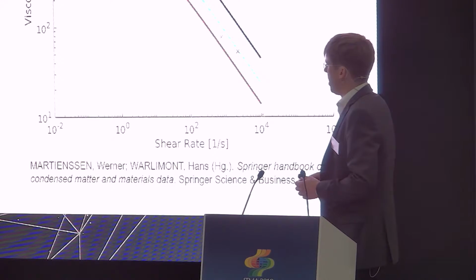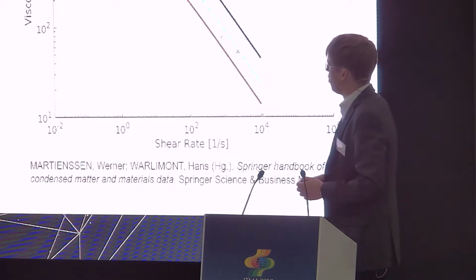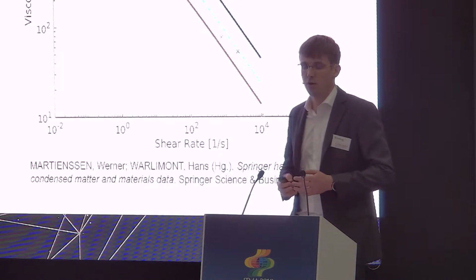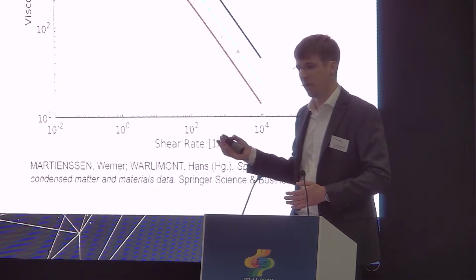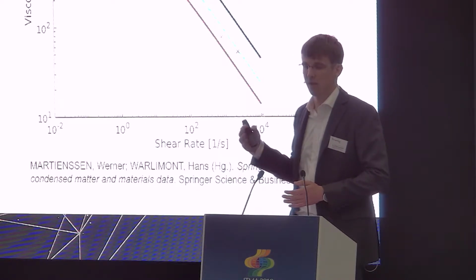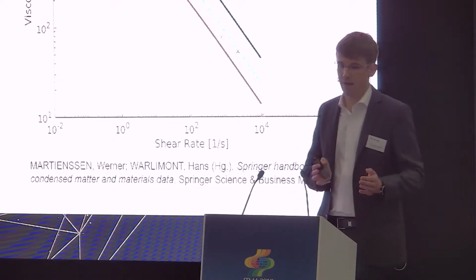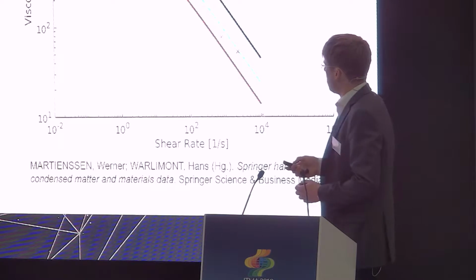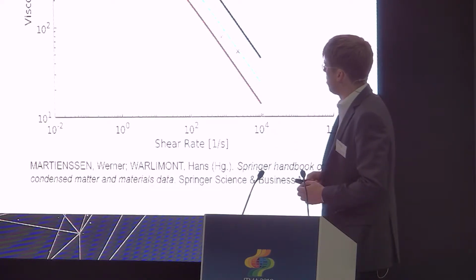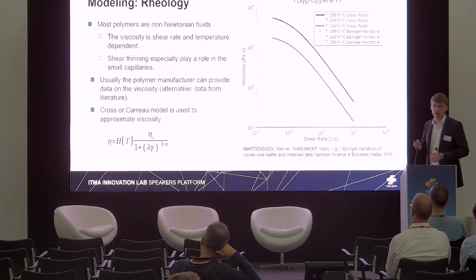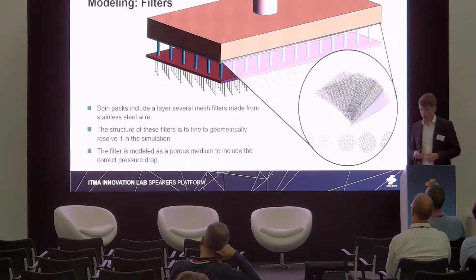Here are just some literature values for polypropylene, but whatever polymer you're using, either the polymer manufacturer can provide measurements, or they can be done in a lab, and this then enters the simulation. Here are viscosity curves where you can see the shear thinning effects and also the temperature dependence of the viscosity. This enters the simulation.